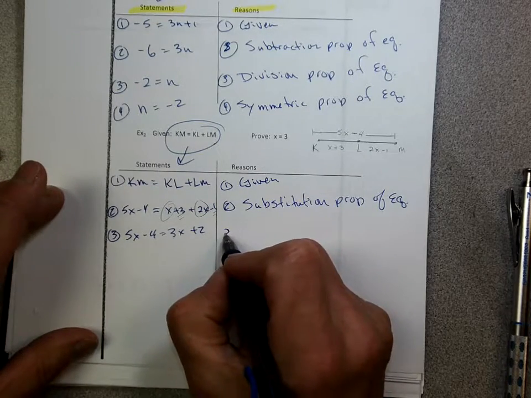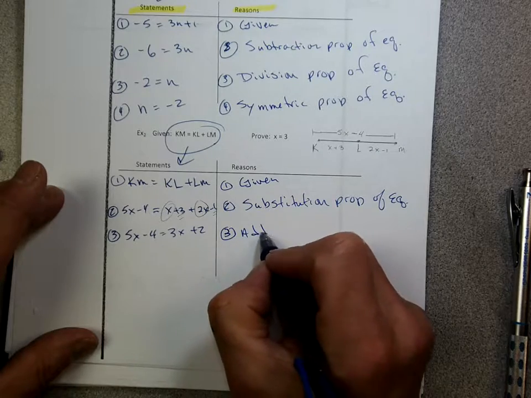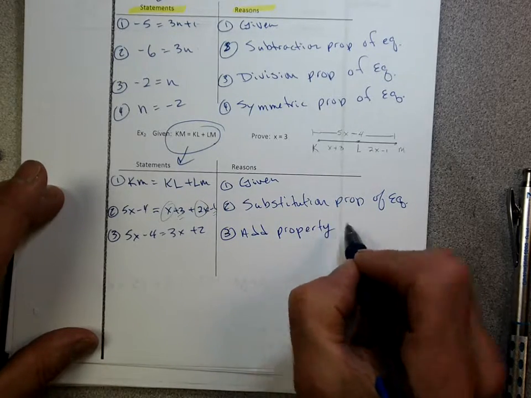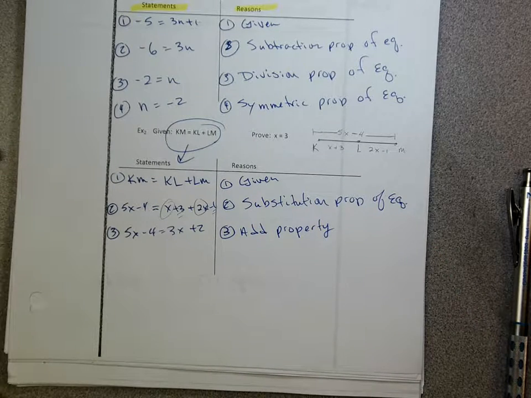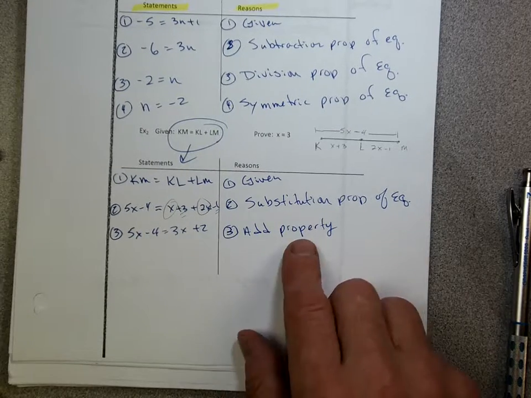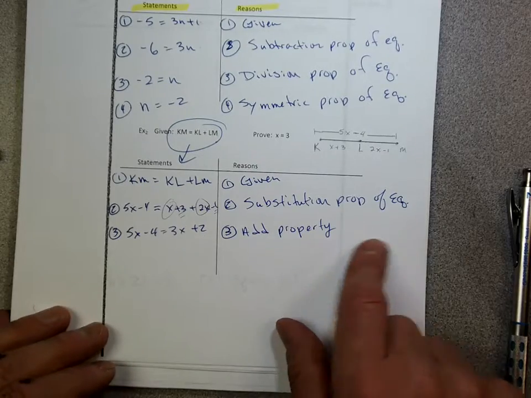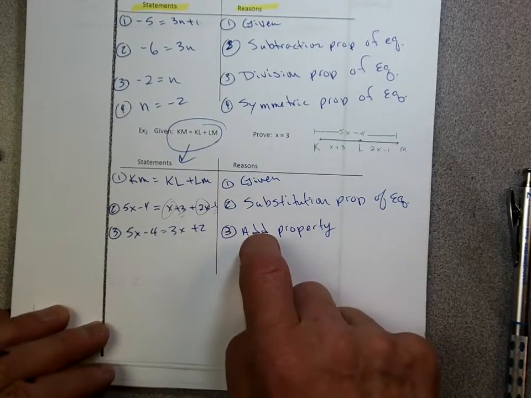So that reason is just the addition property. I did not put "of equality" because I didn't do it over the equal sign. I just added, I just simplified, and I didn't put "of equality" because I didn't do it to both sides, right?